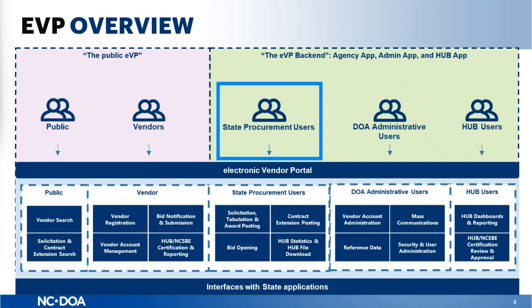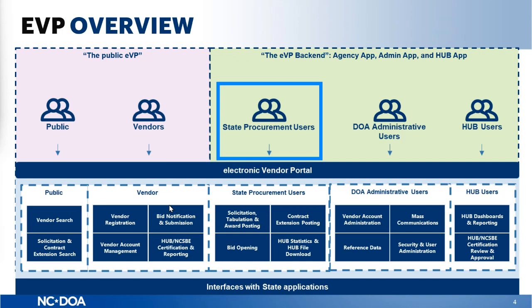We've talked a little bit about two sides, and this is a visual representation of what that two sides means. So we've got the public eVP over here on the left, and that's where vendors are going to do their stuff. Now, they already have their version of eVP where they register their company and keep their contacts up to date so that they can get notifications of solicitations and the correct email where purchase orders are going to be sent to them.